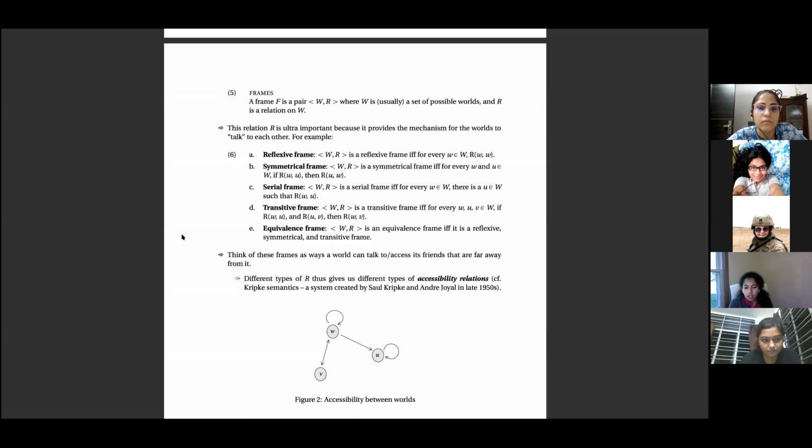Okay. Is there a transitive relation between two worlds? Between three worlds, let's say. Vyom, why are you saying V and U are in a transitive relationship? V is in a relation with W, and W is in a relationship with U. No, sorry, it would be the other way around, I guess.